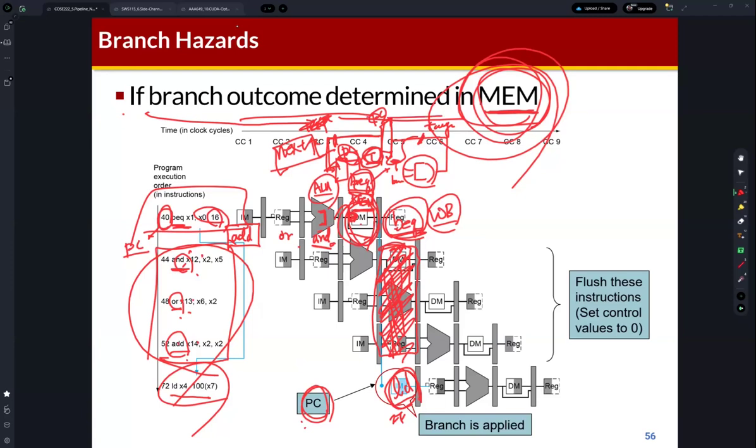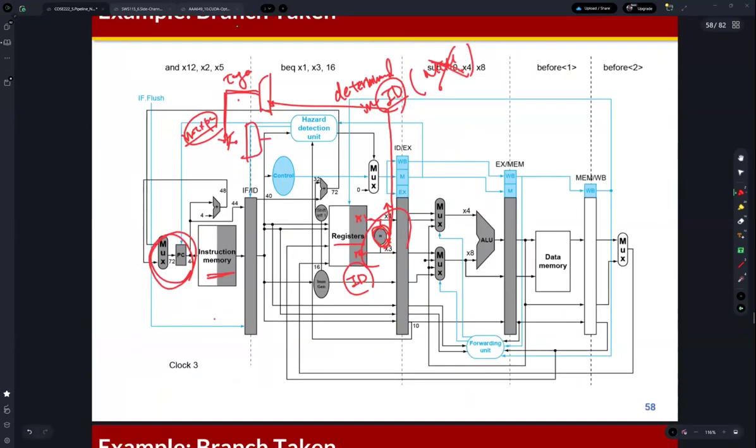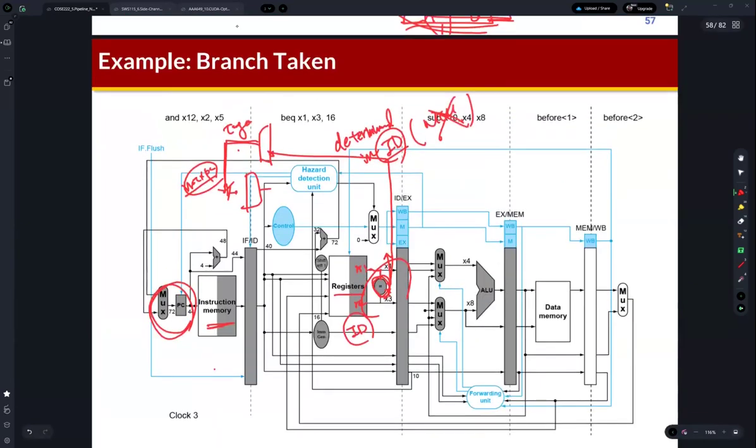Because the branch is determined in the memory stage, there are three incorrect instructions in this pipeline processor. And if the branch is determined in the ID stage, then there is one incorrect instruction in the instruction fetch stage. So we need to cancel this one. So only one cycle is wasted. Okay.